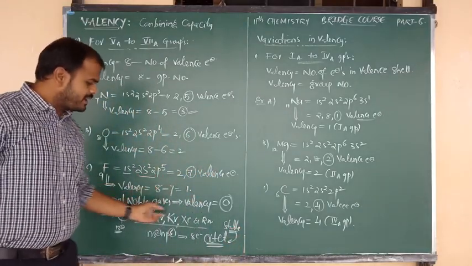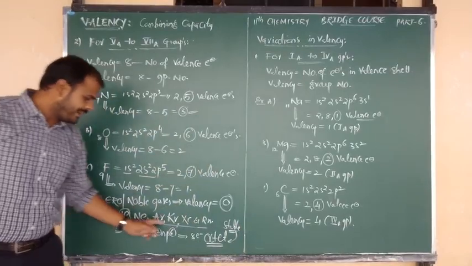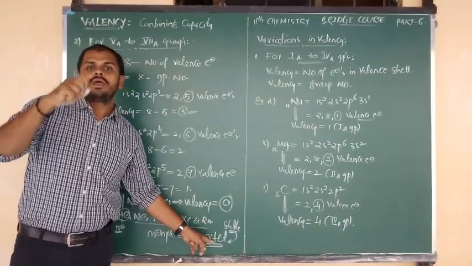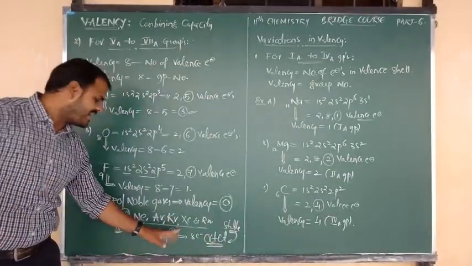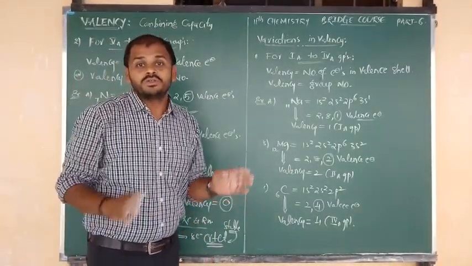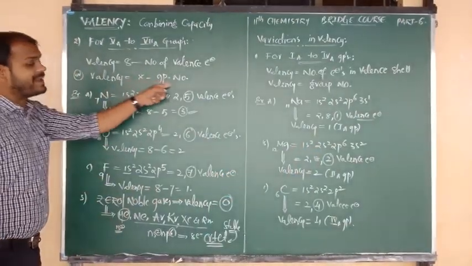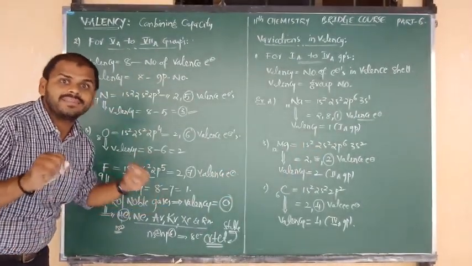So all the noble gases except helium have a stable octet configuration, meaning 8 electrons in their outermost orbit. So they have 8 valency electrons. Even in the formula, think of it as 8 minus 8 valency equals 0, we can also say like that.